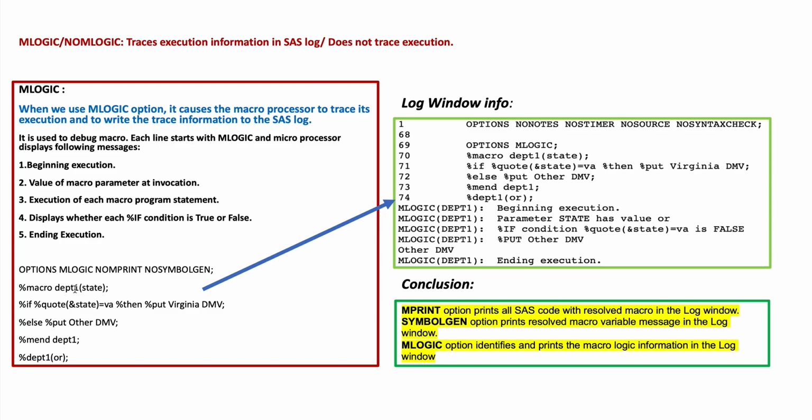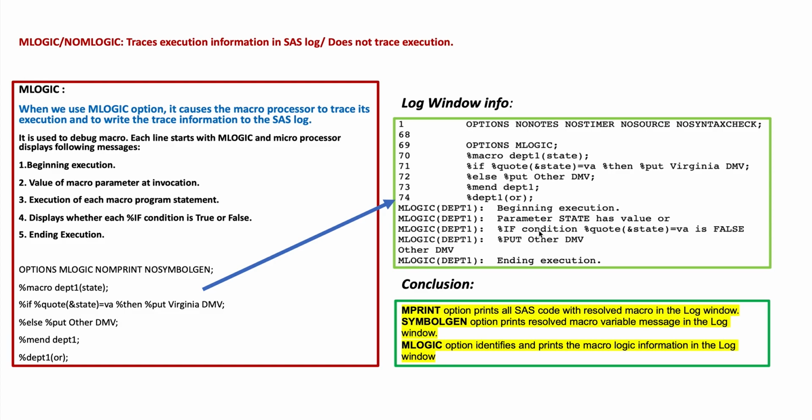When we run this third set of code, then we will get the result as shown on the right side. This is the log window information. From here it is clear that it starts with mlogic, and the first line is beginning execution. Second line, parameter state has value OR, that means state is resolved with value OR, Oregon.